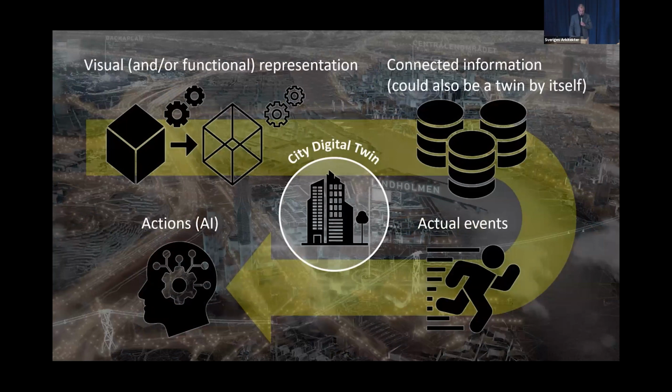And a digital twin, what is that? Of course, it's something visual, but it can also be a functional representation of something. And it's also important that you have the connected information, all the information that we have within the city connected to the twin. And often you talk about real-time data, such as the traffic outside, flow of water, real-time information that you put in the digital twin.